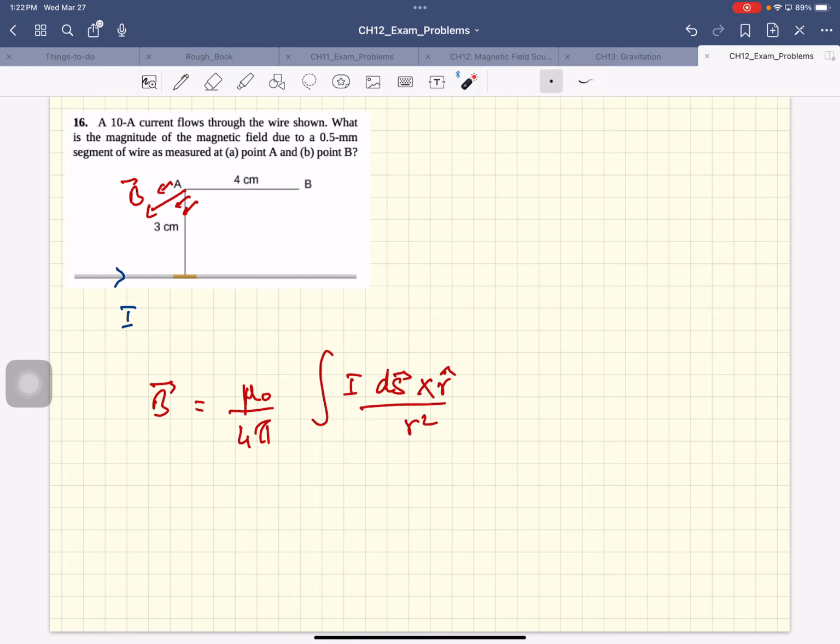The field due to this segment is what we are finding. So dB, the field due to that segment, is mu naught over 4 pi, I ds cross r hat, over r squared.